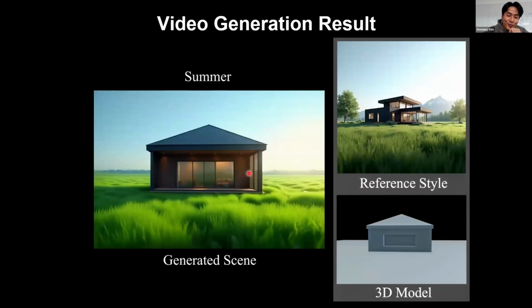Actually, I want to show some examples, but the video is too fast, so we cannot notice the failure case. But when we see this video very slowly, actually the temporal consistency is not perfect. There is much flickering.